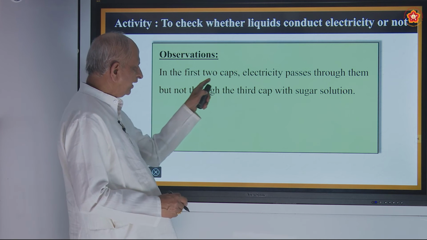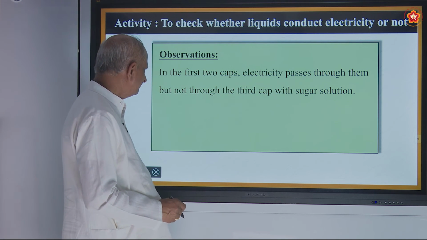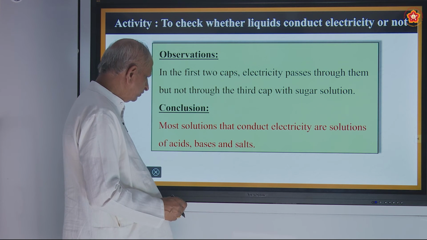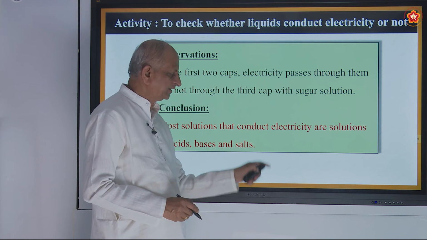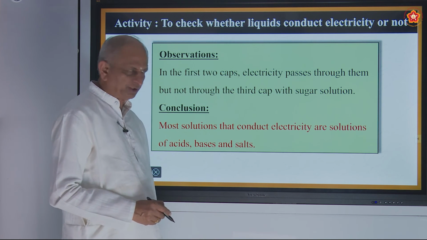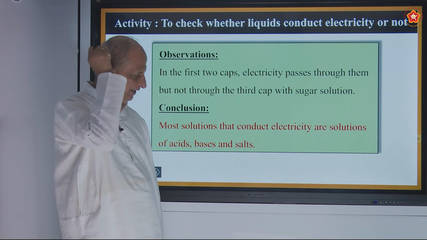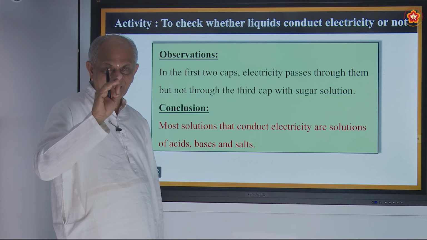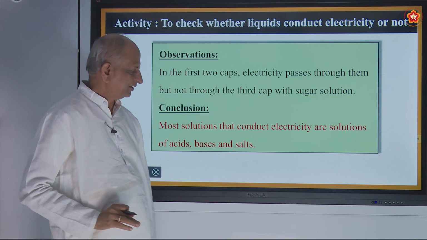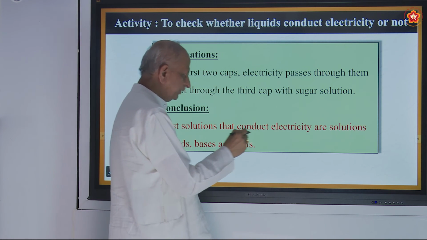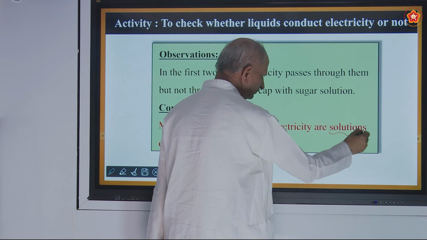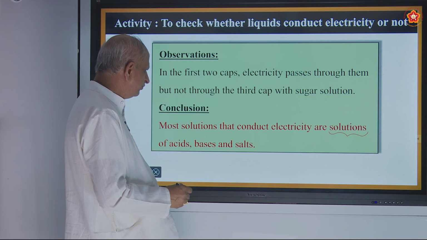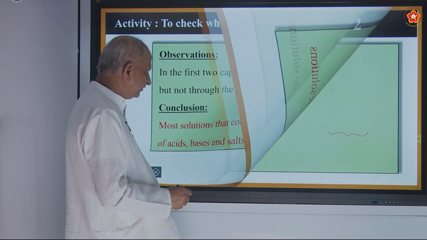Observation: in the first 2 caps, electricity passes through them, but not through the third cap with sugar solution. Conclusion: most solutions that conduct electricity are solutions of acids, bases and salts. Please note, acids, bases and salts as such are not good conductors. Only when you make solutions will they allow the flow of electricity.